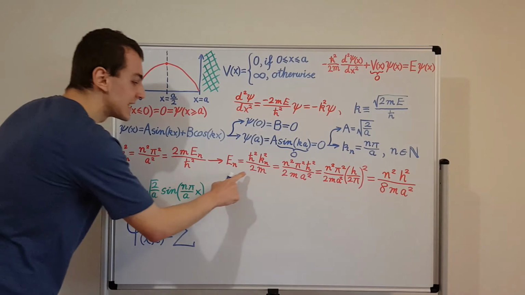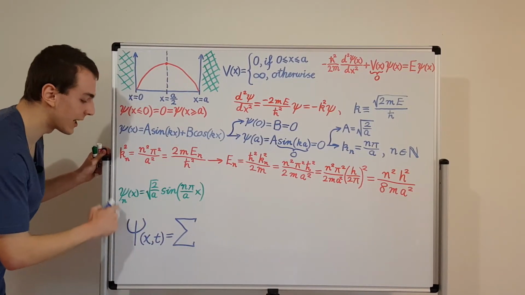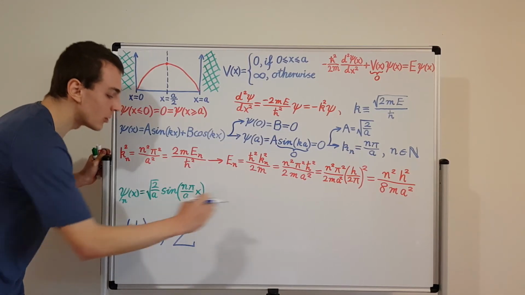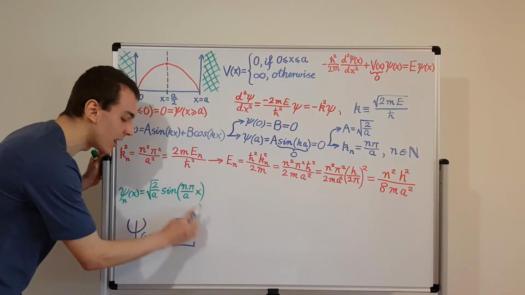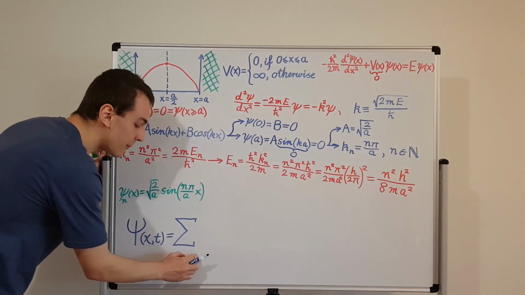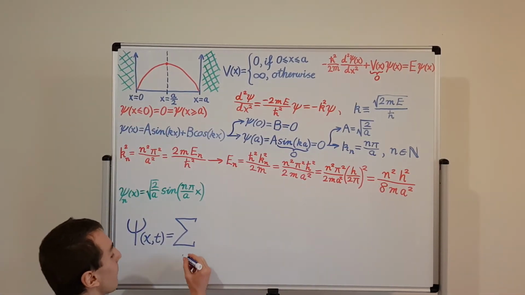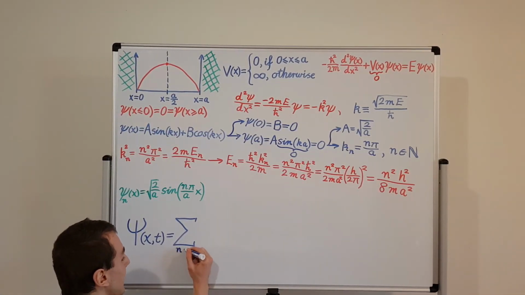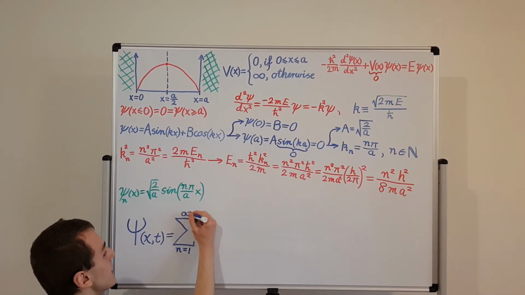You have this index n that tells you exactly what energy level is associated with what eigenfunction. So it's not a continuous spectrum, it's a discrete spectrum. That's why we're taking a sum and not an integral. When this turns continuous, the sum is going to turn into an integral. But because this is discrete, we're just going to have a sum, from n equals 1 to n equals infinity.